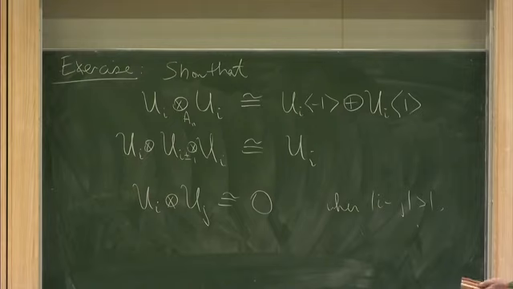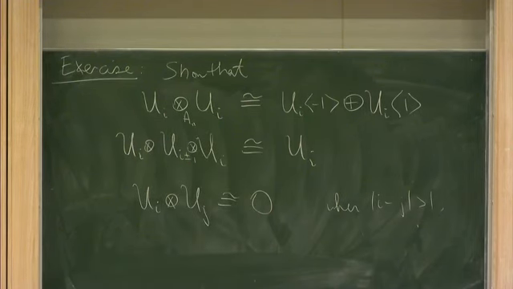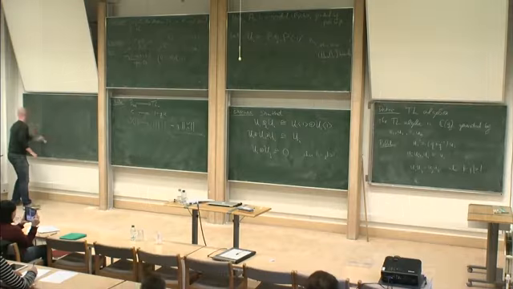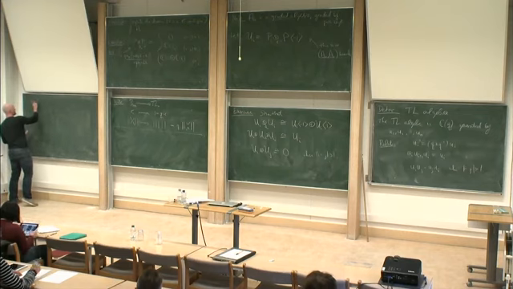Okay, so let's do part of that. But let's look at the first one. I'm going to forget the grading shift for a second, but let's look at U_i tensored over A_n with U_i.